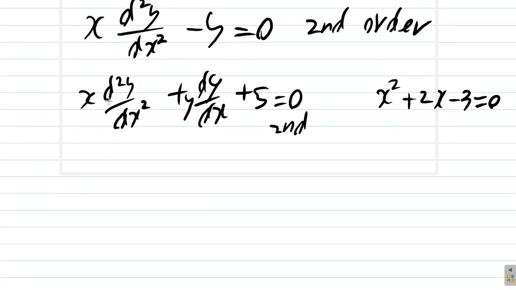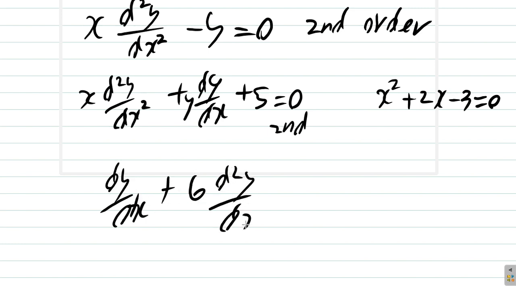Now, you generally will not be using any higher order than that, right? And you generally write the highest order first, then the next highest, going from left to right. You might see dy by dx plus 6 d squared y by dx squared plus 7 equals 0.